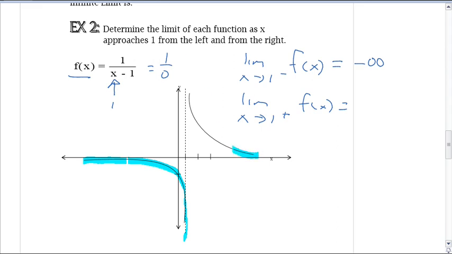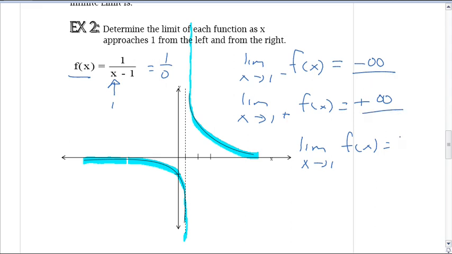If I'm approaching from the right-hand side, it looks like my height's going to be positive infinity. And now for the general limit, even though they didn't ask for it. Limit as x approaches 1 of f of x is equal to, okay, because I'm approaching from the left and I get negative infinity, approaching from the right and I get positive infinity, that means the general limit does not exist because they don't match.